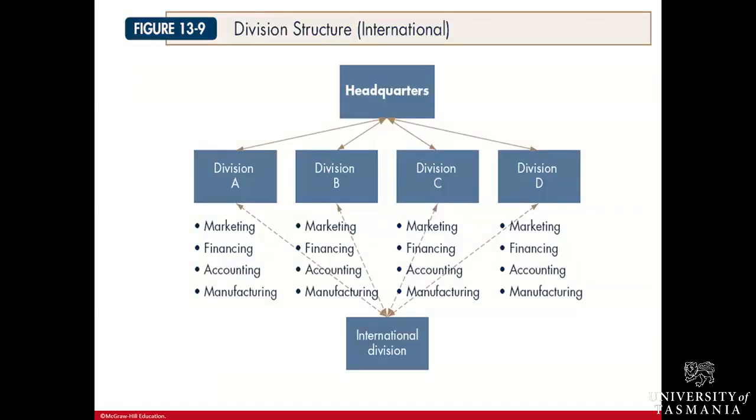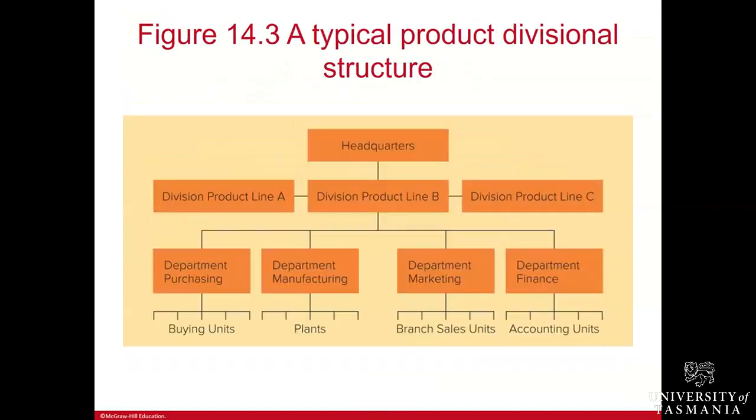In the international model, you see clearly here division A, because in some divisional structures, every division has their own departments, as it's shown here, but in some models they don't have different departments. They are sharing the departments, like purchasing, marketing, manufacturing for the plants, but they have different product lines.